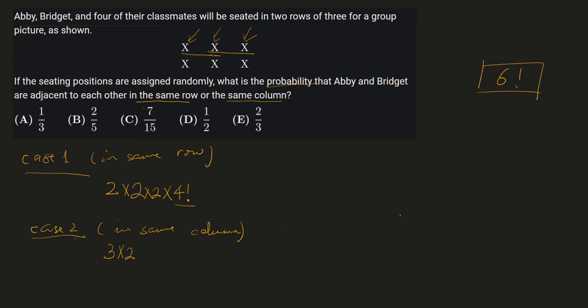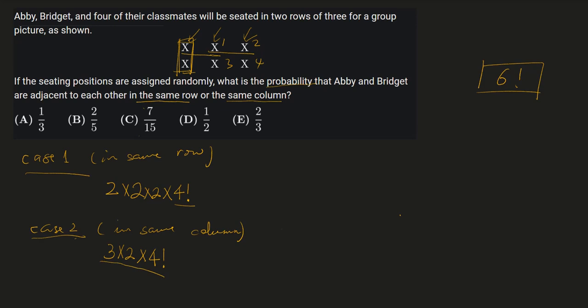And then we have 4 more seats to seat the other 4 students, so we do the same, times 4 factorial. Let's take this for example. We number the 4 empty seats 1, 2, 3, 4, and Abby and Bridget are sitting here. We can just permute the other 4 students and have them sit in the remaining seats. So we have so many cases.